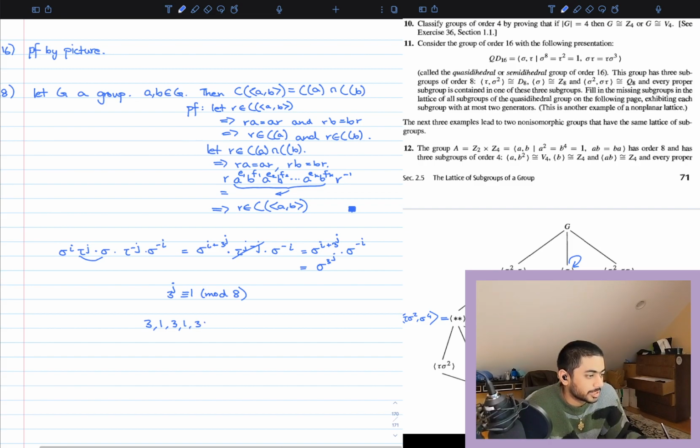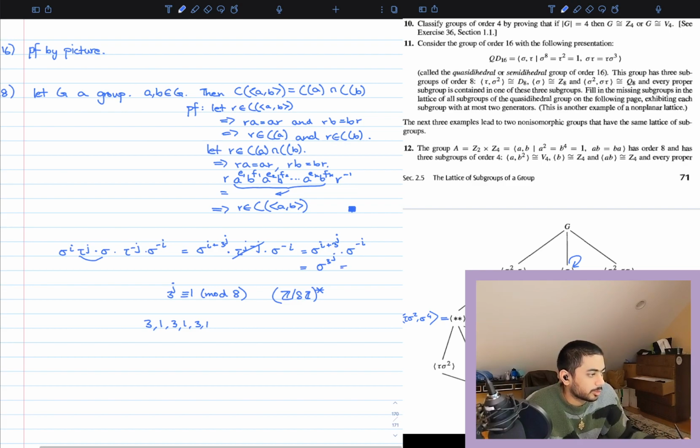So 3 is an order 2 element in Z mod 8 Z star. So as long as j is even, we should be good.